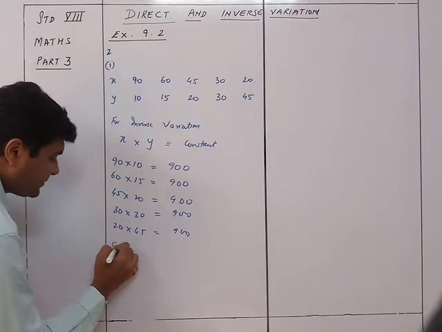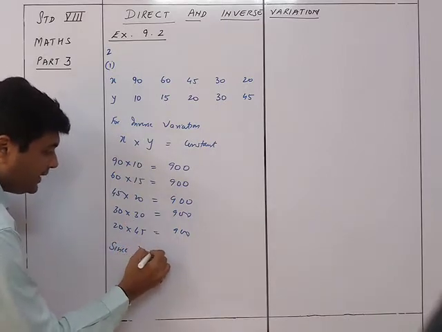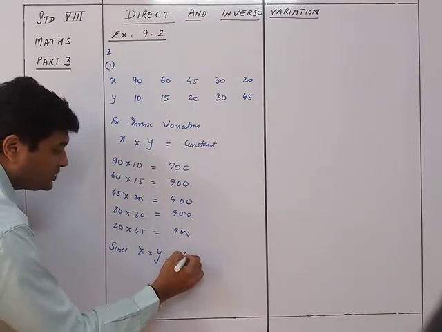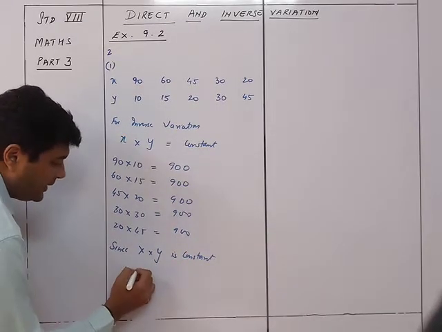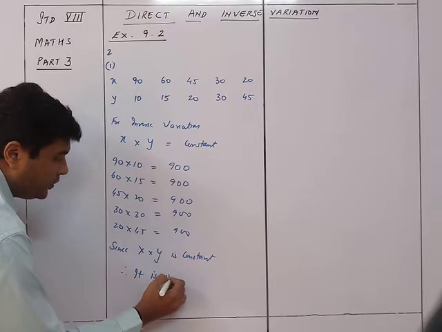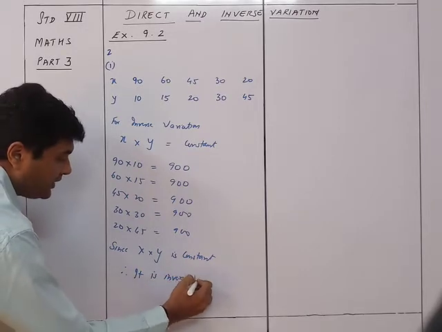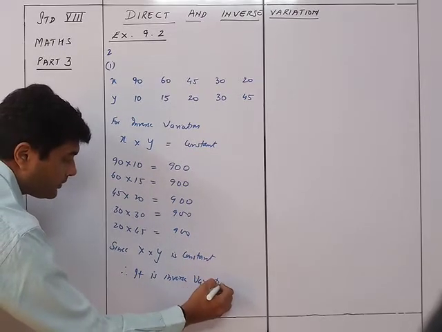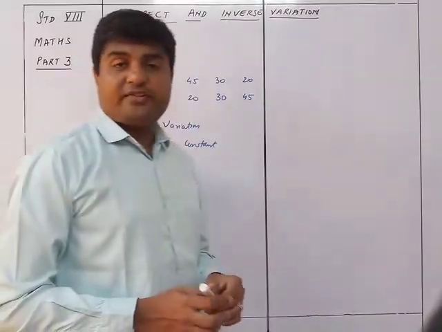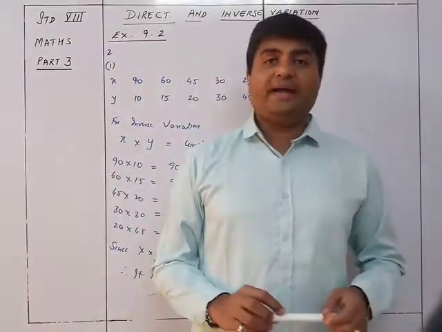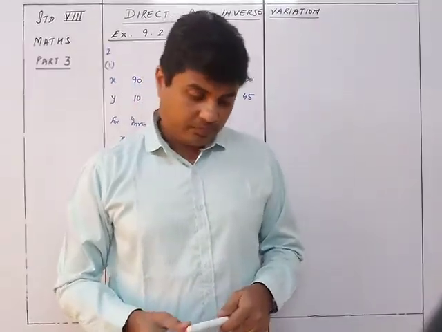So since x into y is constant, therefore it is inverse variation. The given data is in inverse variation because x into y is constant.